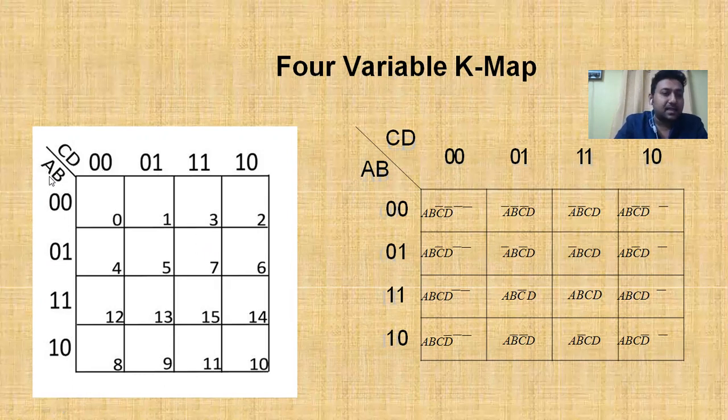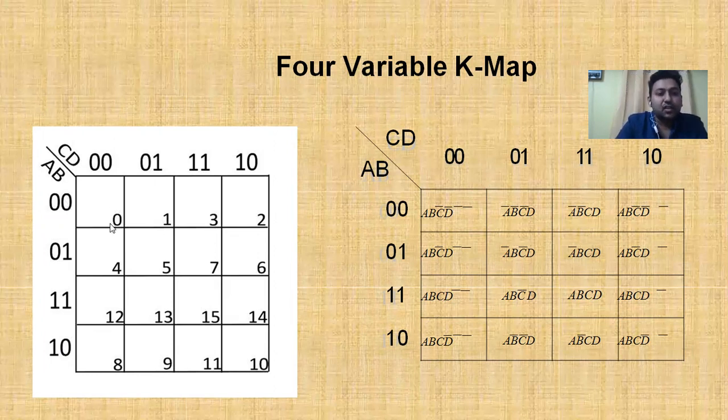On the lower side we have written AB, and on the upper side CD. AB is 0 0, 0 1, 1 1, 1 0. CD is 0 0, 0 1, 1 1 and 1 0. The number of cells, obviously from the formula 2 to the power n, where n is the number of variables, is 2 to the power 4, that is 16.